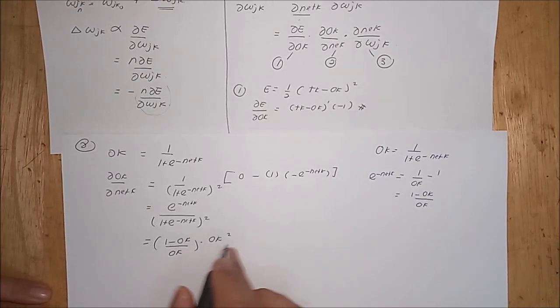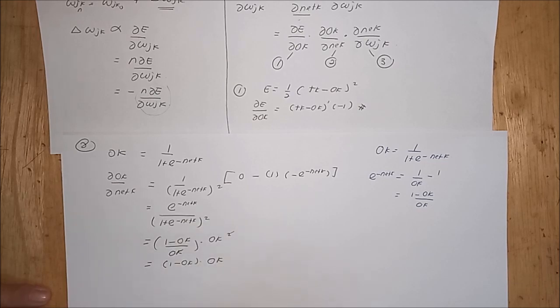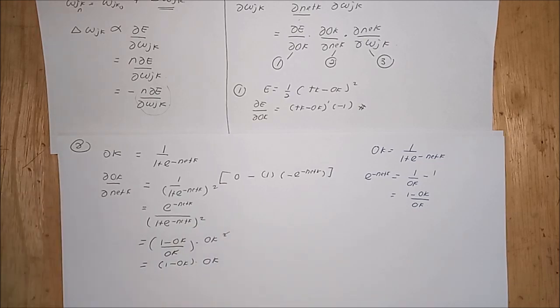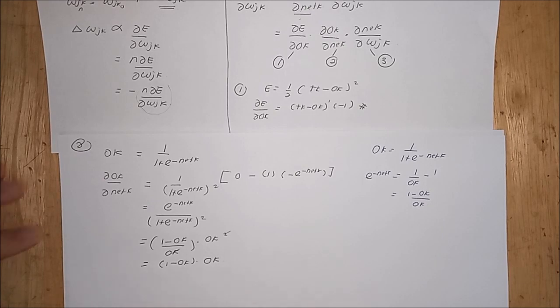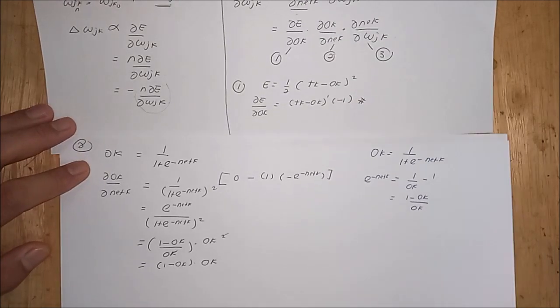Now we can actually cancel out this part. So the final equation will become (1 minus ok) times ok. So in this part, we are settled up until the second part of the chain rule derivation.